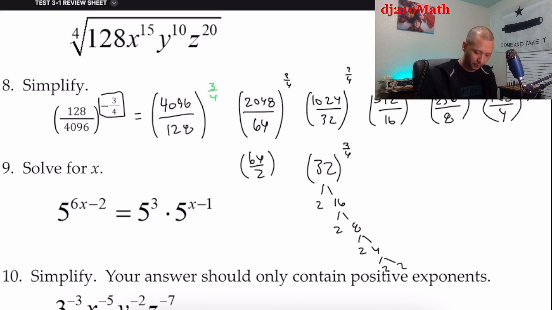So the fourth root is going to be a 2 that's coming out. And it's going to get cubed. And then left behind is a 2 to the 3/4 power.